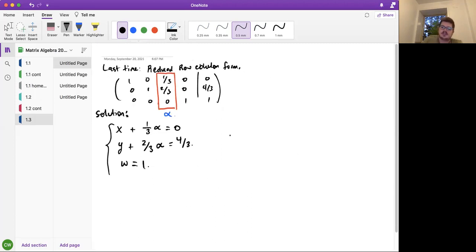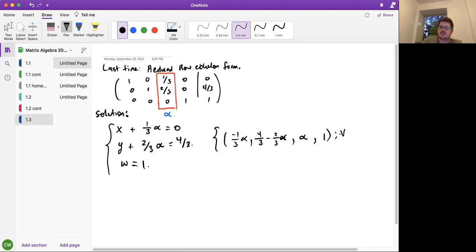So what is the solution? Solve for x and you get -1/3 alpha. Solve for y, you get 4/3 minus 2/3 alpha. The third variable is our free one, and the last coordinate is just 1. This is for all alpha in our free variable.